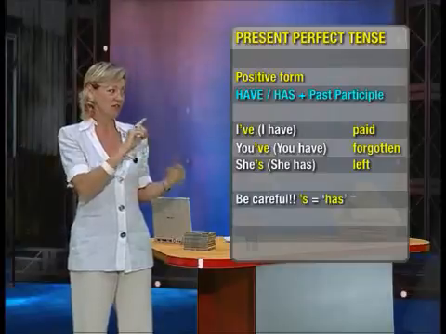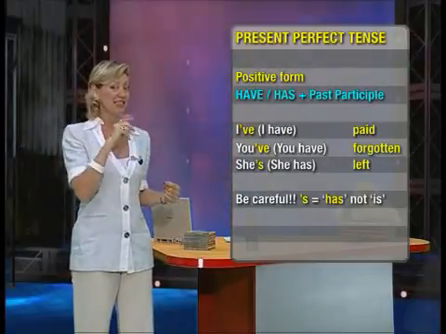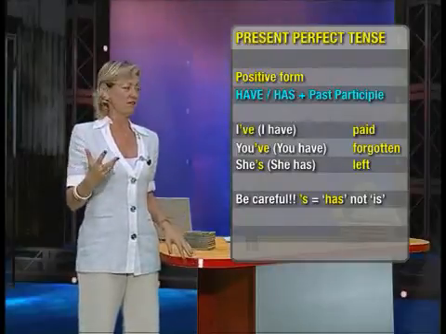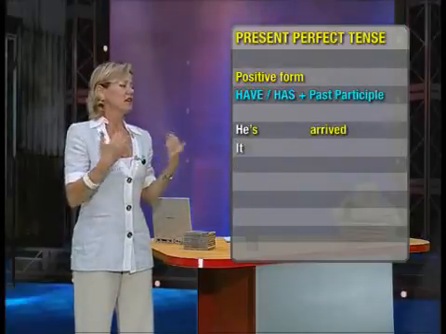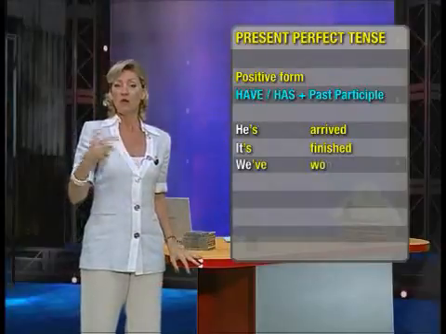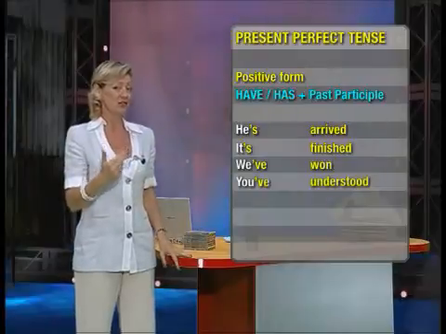Be careful, because you see the abbreviation is she's. It's not the verb is, it's has. She's left. Leave, left, left. Okay? He's arrived. It's finished. Contraction always. We've won. Win, won, won. You've understood. Understand, understood, understood.